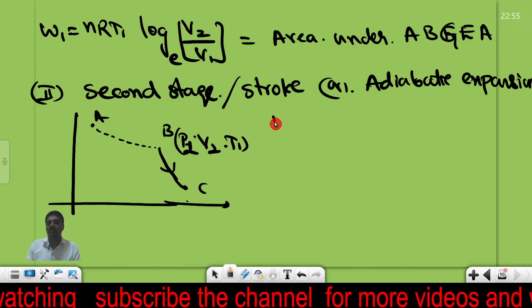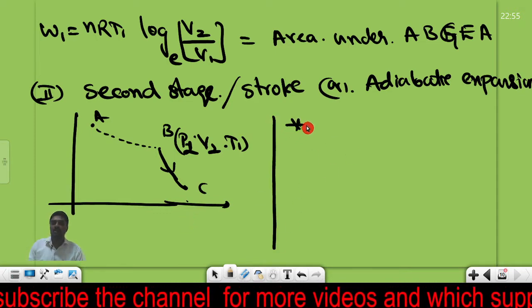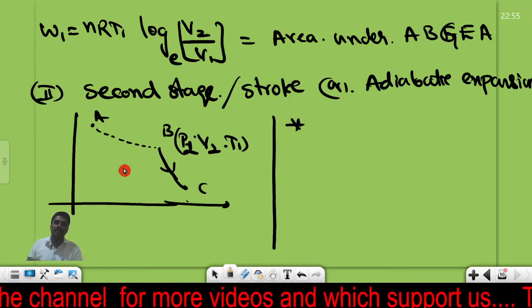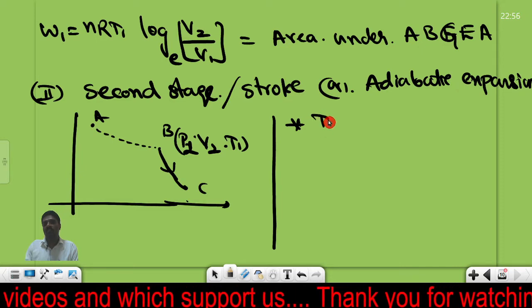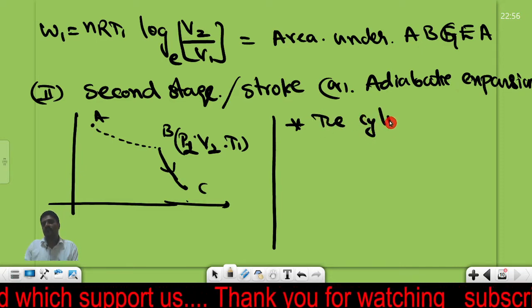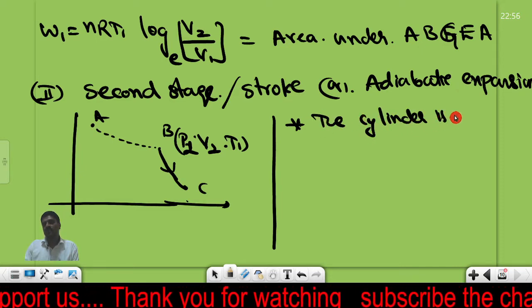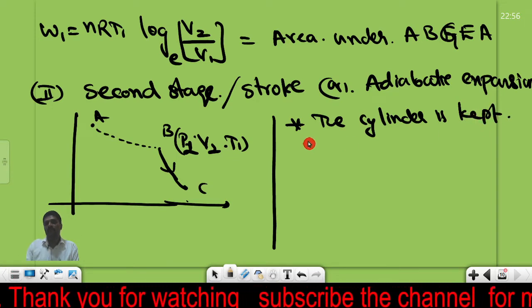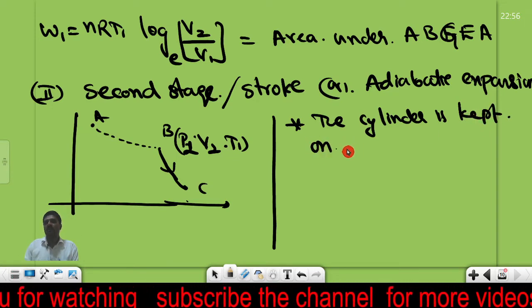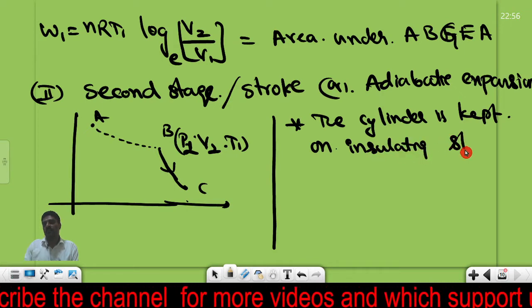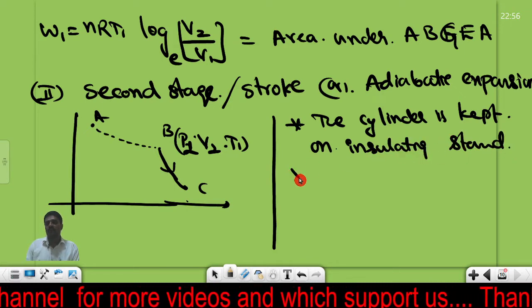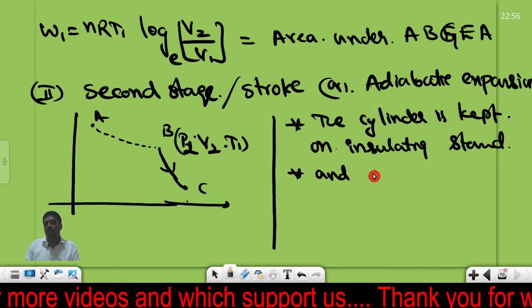In the adiabatic expansion, there should not be any exchange of heat energy from the surrounding to the system, and from the system to the surrounding. So the cylinder is kept on an insulating stand and allowed to expand.